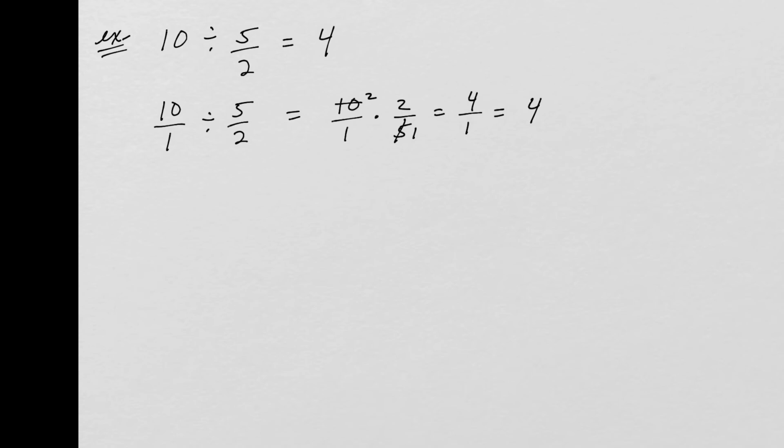We convert them into improper fractions first, and then we divide those improper fractions and then convert back to a mixed number for the final answer. So I'll just write, to divide mixed numbers, convert them to improper fractions first.